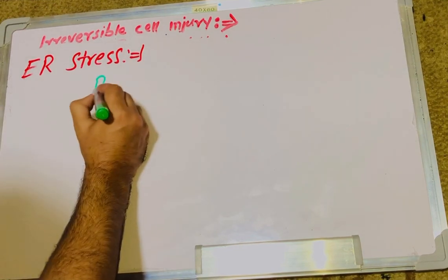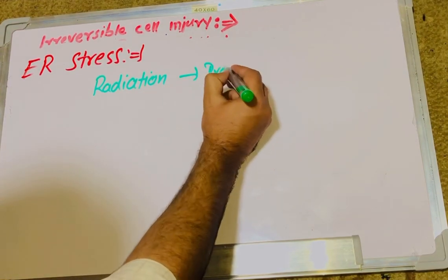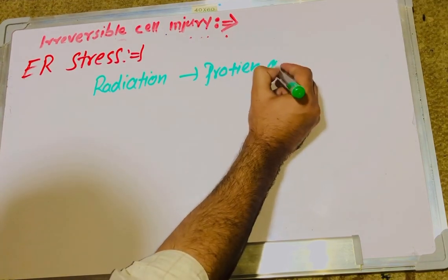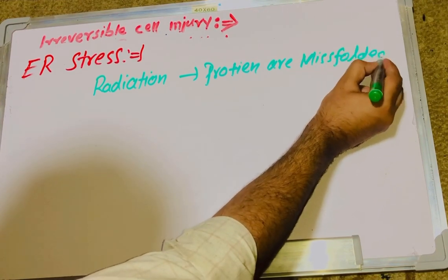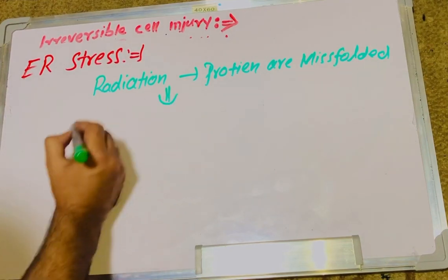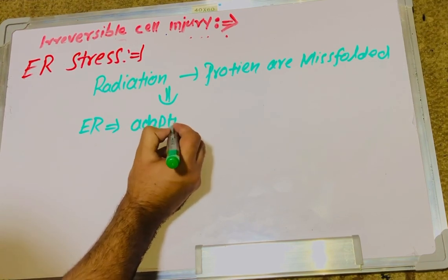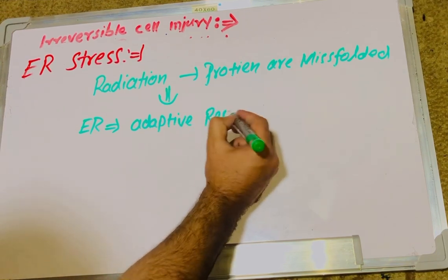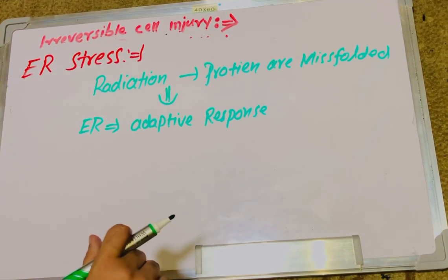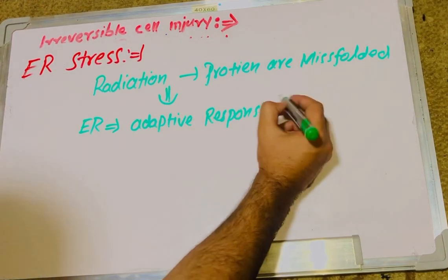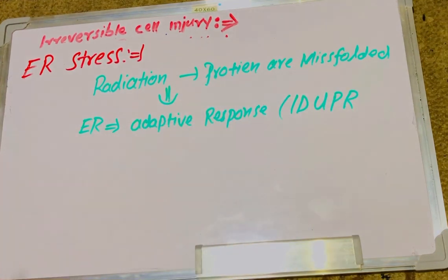If due to any toxin or radiation, proteins are misfolded, just like the cell, the endoplasmic reticulum undergoes an adaptive response. First, the endoplasmic reticulum will try to overcome this effect, which is called the unfolded protein response, UPR.